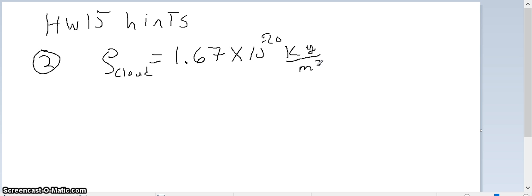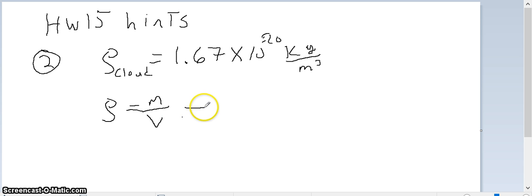And so what we do is we use the density equation. The density equation in general is density is equal to mass divided by volume. And they want to know what the volume of the cloud is, if there's one solar mass of material there. So we just rearrange this equation and solve for the volume.